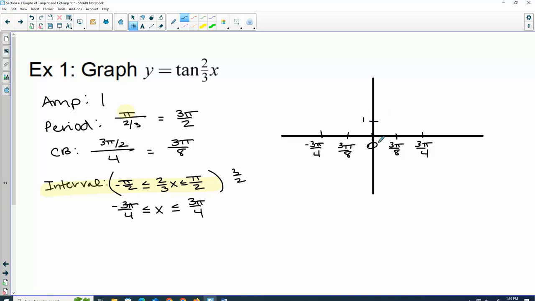Amplitude is 1. Now for a tangent and cotangent, that's not really a true amplitude, but I'll show you how that's helpful in just a second. Because we picked the interval we did, we know both ends will be asymptotes.